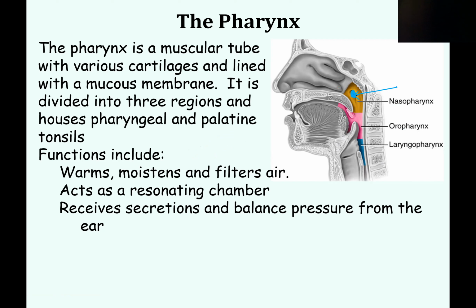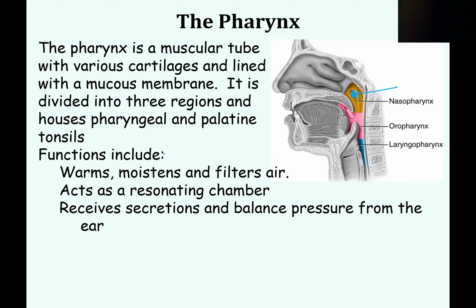So it's drainage, and then balancing pressure. When someone says their ears have popped, it's a vacuum that has been opened in that tube, that opening. So pressure builds up if that gets blocked by a vacuum, and then there are secretions, drainage of the ear.